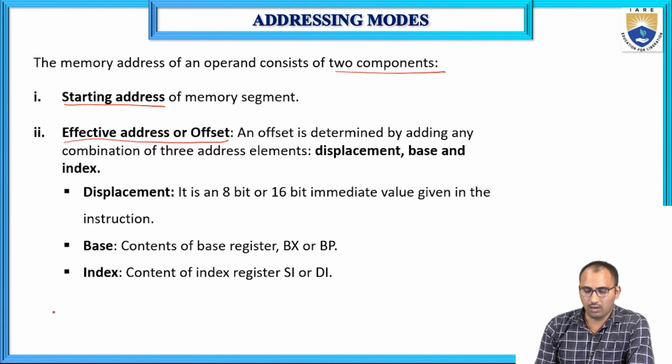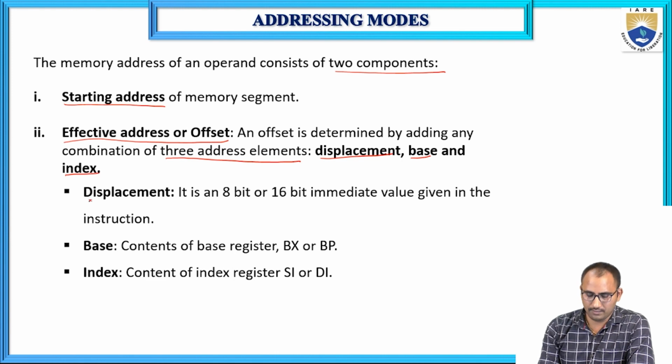An offset is determined by adding any combination of three address elements. The effective address is the address formed by combining any of three addresses: displacement, base address, and index address.